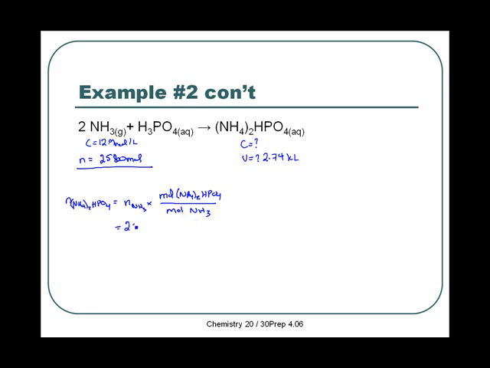And so we're going to get 25800 times, and our mole ratio this time is going to be 1/2. So we're going to divide by 2. So 25800 divided by 2, we get 12900.